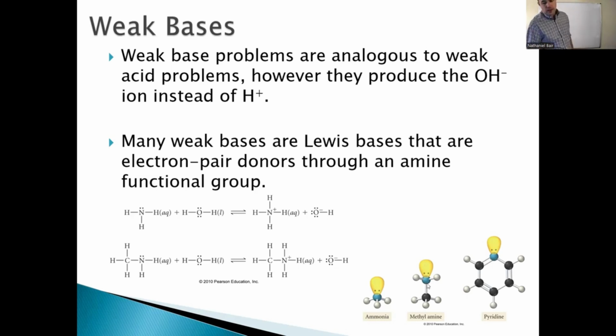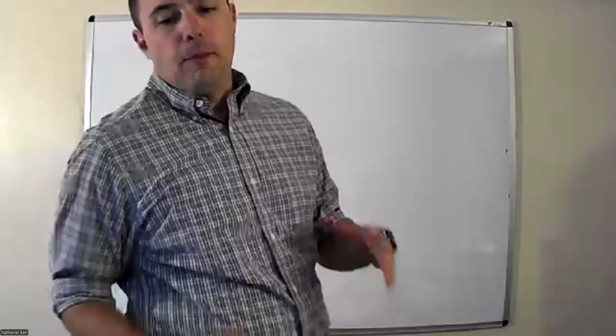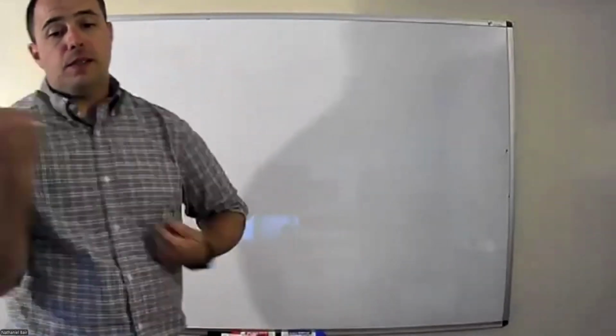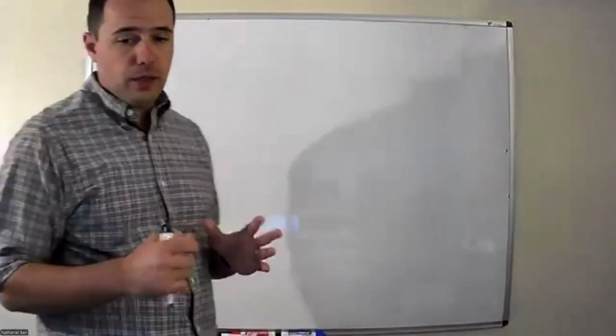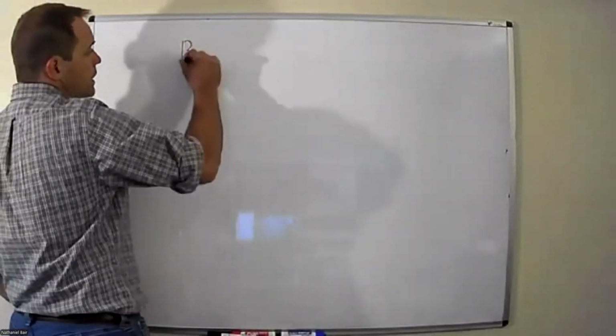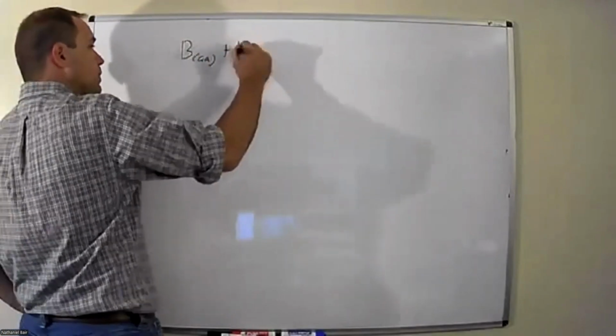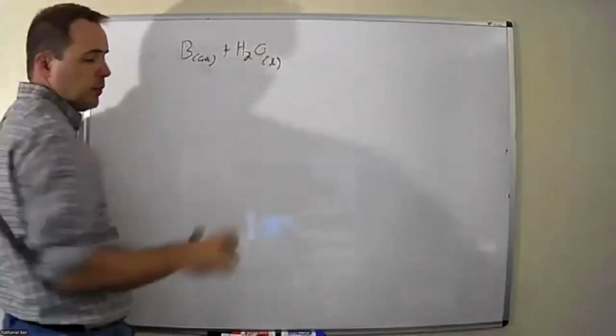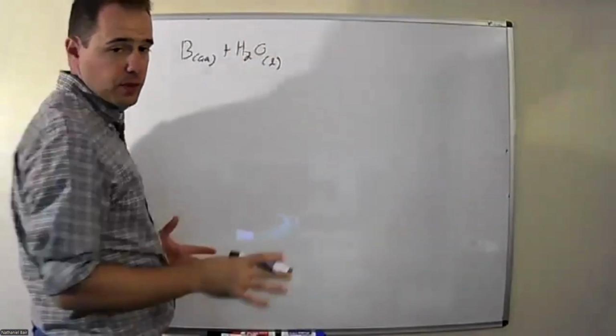So instead of writing the organic formulas for most of these amines, we just call it B, for base. When you have to write that balanced dissociation equation, usually when it's a weak base, I'm just writing B plus liquid water. That's important because the water's not going to go in the mass action expression.